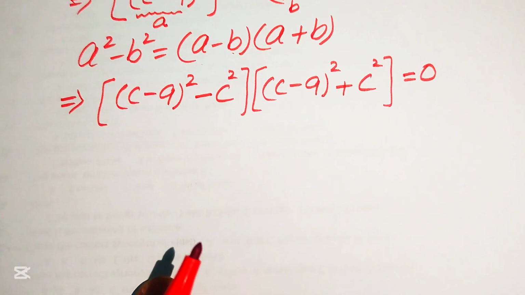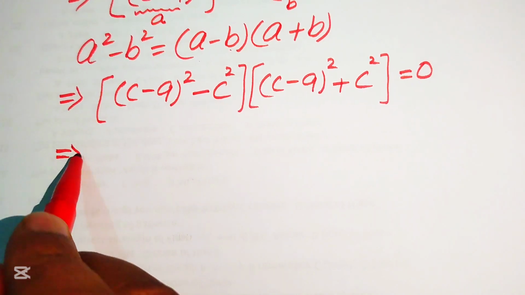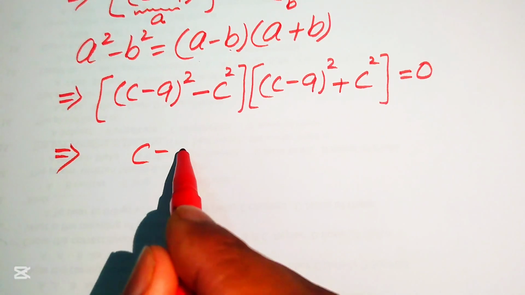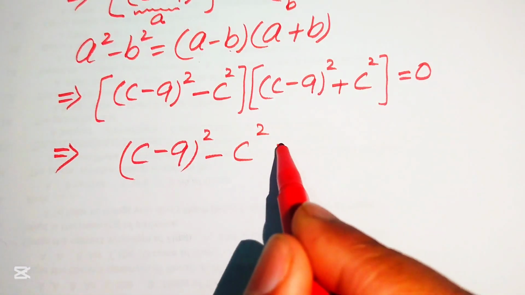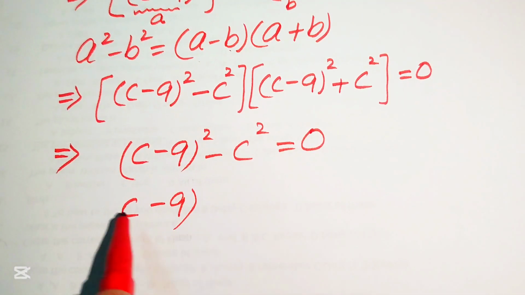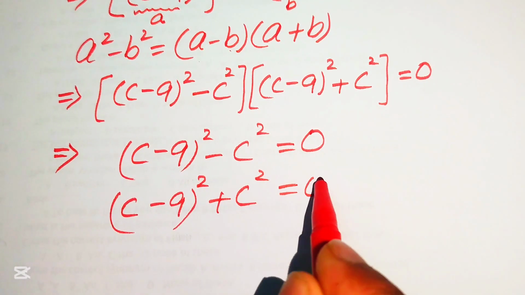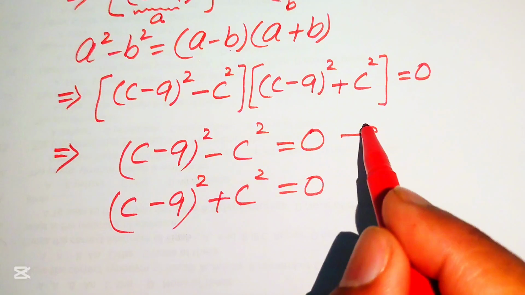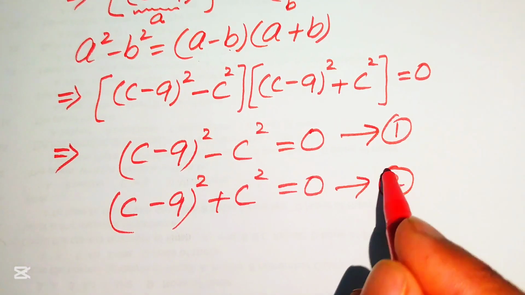Further, in the next step we divide this equation into two cases. The first case is (c - 9)^2 - c^2 = 0, and the second case is (c - 9)^2 + c^2 = 0. We call the first equation number 1, and the second equation number 2.